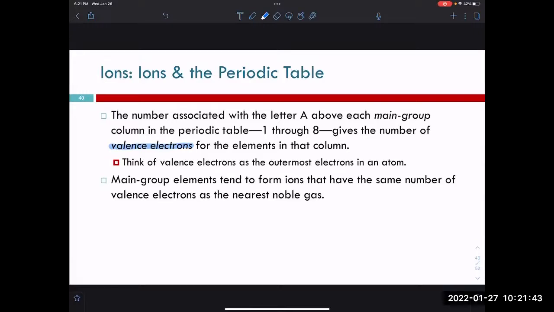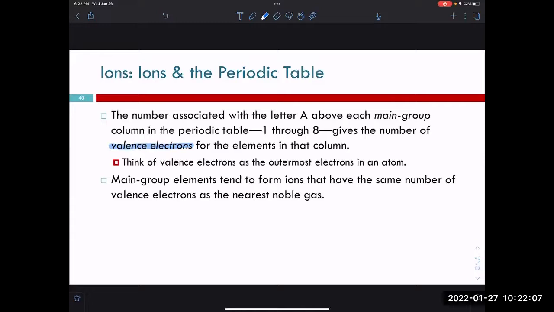Atoms all have shells of electrons. So there are electrons that hang out sort of in the middle of their electron cloud. The valence electrons are the ones hanging out on the outside. So those outermost electrons, when one atom bumps into another atom, determine how they react together. So you can determine a lot of things about an atom based on those outermost electrons.